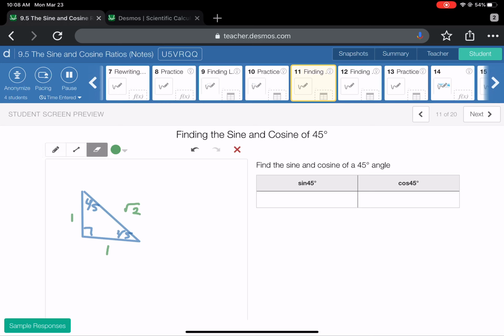All right, so now I have this. So to find the sine of 45 and the cosine of 45, so sine of 45. And this is cool because for 45-45, it's the same thing for both because they're both 45. So I'm going to use this bottom one here, and I'm going to do opposite 1 over hypotenuse, square root of 2.